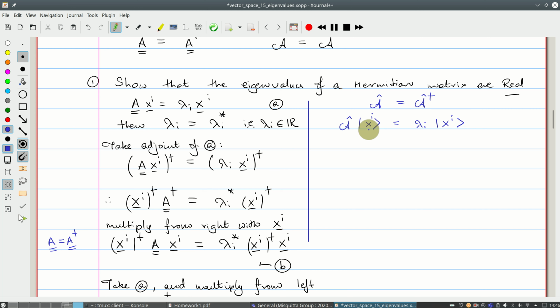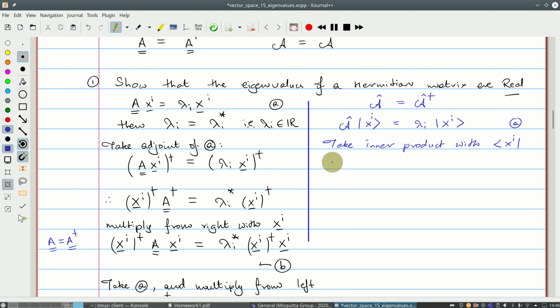This time I can drop the bars from the x, because if an object is in the ket, then it has to be a vector. I mean, we know it's a vector. All right, so now what I can do is immediately take the inner product of this relation A with xi. Now we take the bra xi.